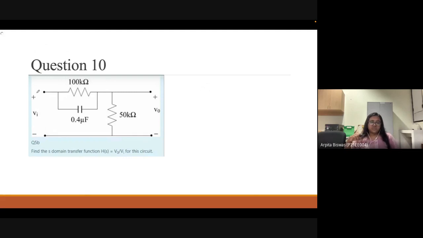This is question 10. This question is especially for Pradeep, I think. Find out the s-domain transfer function H equal to V0 by Vinput for the circuit.